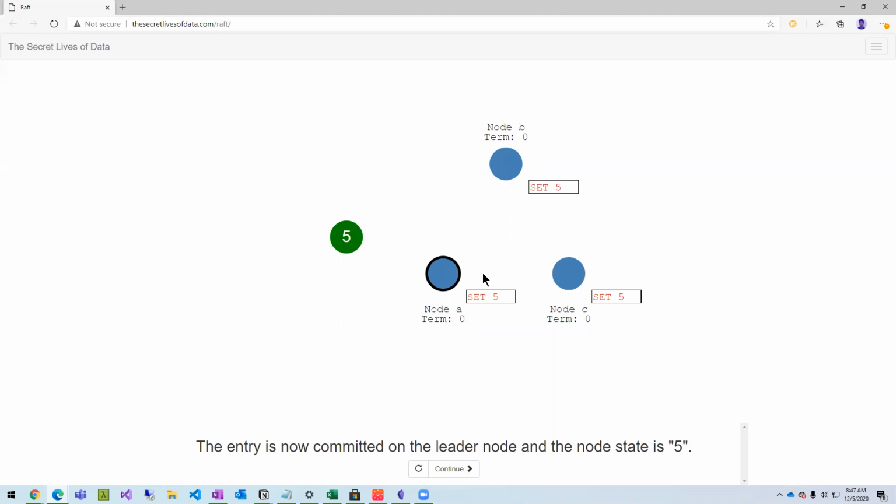Node A has not committed anything. It has just received the acknowledgement and then it failed. Now node B and node C have uncommitted set 5 values in each of them, and node B elects itself as the leader. What happens to those uncommitted values? These uncommitted values will be purged, right? Yeah.